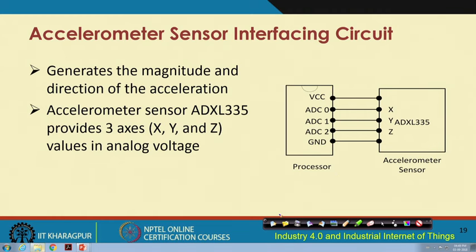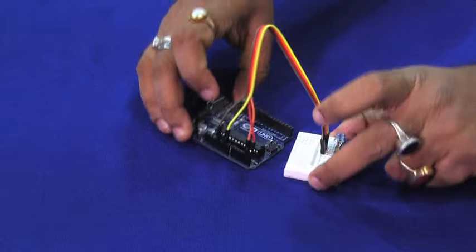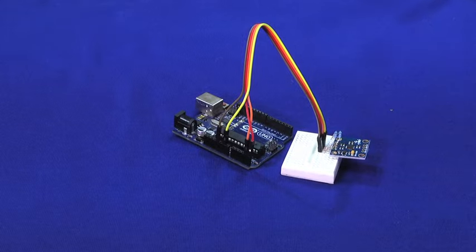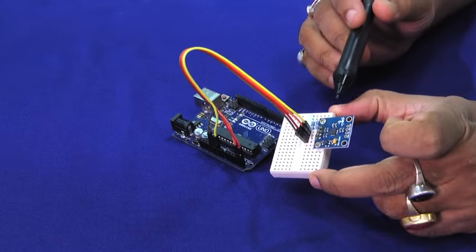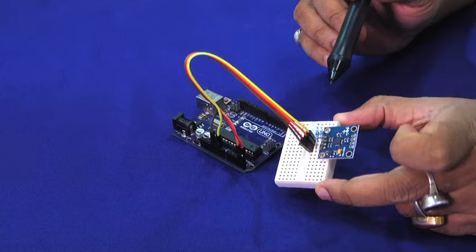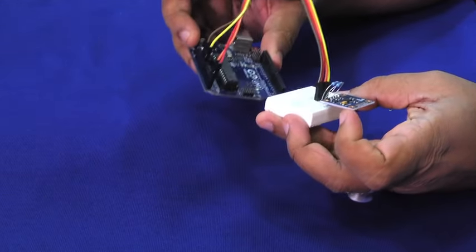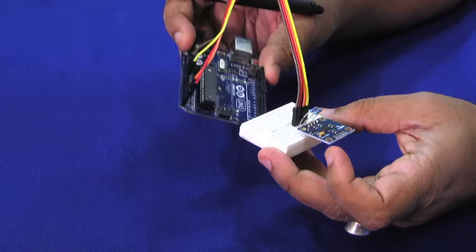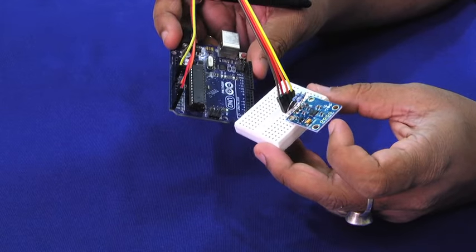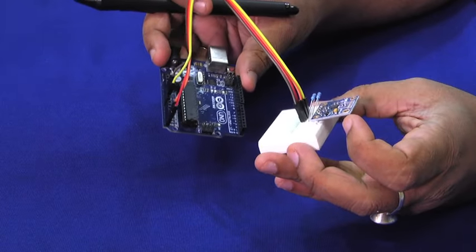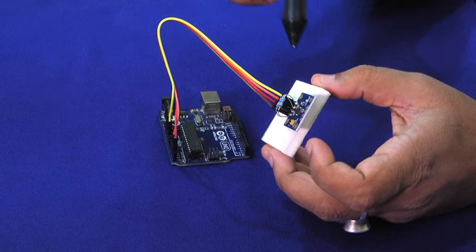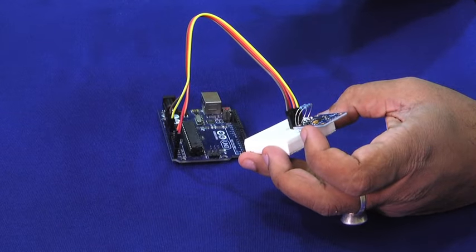So, let me show you an example of an accelerometer sensor. This is an accelerometer sensor. It is a little small, so you will not be able to see it very well, but I think this will give you a fair idea of how the pin configuration works.